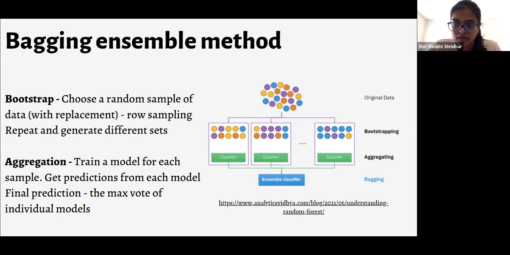Once we do the bootstrapping step, we build a classifier for each sample, and then we combine all of these together to make the ensemble classifier, in this case a random forest, and get the prediction out of that. There are different ensemble methods, and the one that random forest uses is called the bagging method, which is short for bootstrap and aggregation, which I just explained. So let's go on to the next slide.